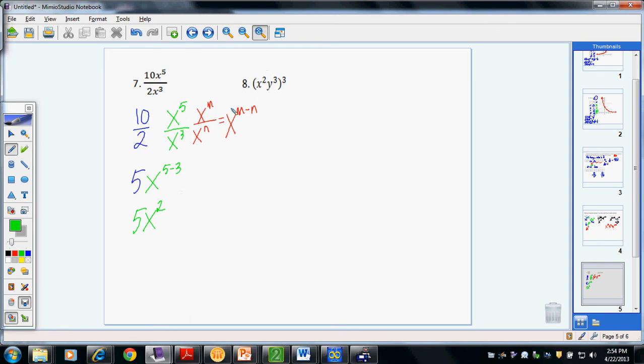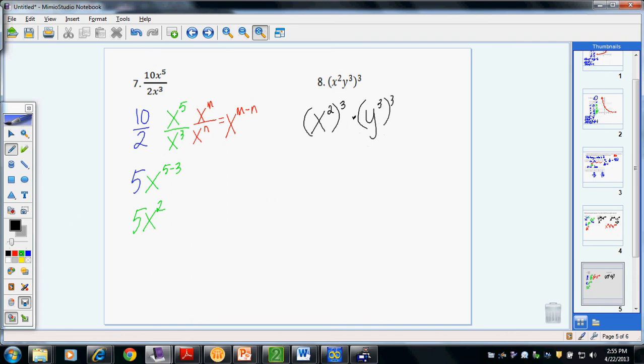So look at this next one here, 8. Okay? This is saying that this whole thing is cubed, but it's really saying that I'm cubing my x squared, I'm cubing my y cubed. So I can rewrite this in a different way by just saying x squared raised to the third power times y cubed raised to the third power.